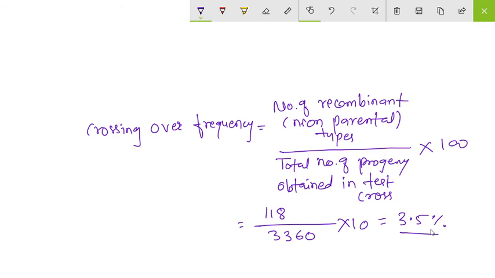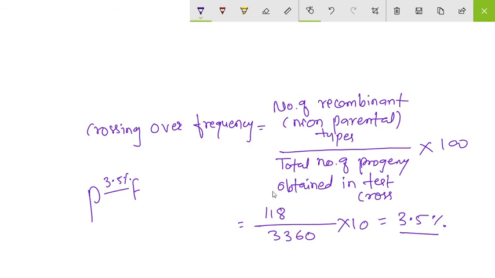So the distance between P and F, or the chance of crossing over between the purple and full, is 3.5%.